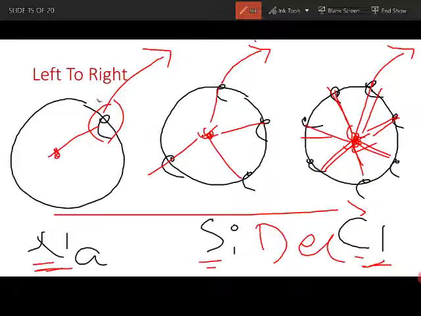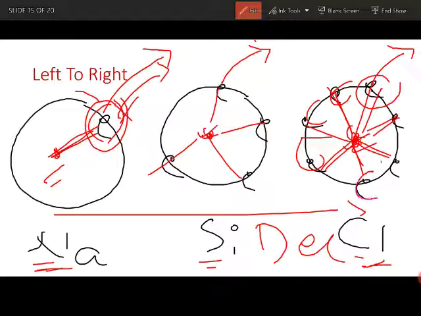And if the size in case of sodium is big, then this nucleus cannot bind the electron properly. Got it? I hope you have got the logic. That means if electrons are not bound properly in this case, it can be removed easily. And in this case, if the electrons are bound strongly, it is difficult to remove. So where do you have to supply more energy? Yes, you have to supply more energy in chlorine and less energy in sodium.